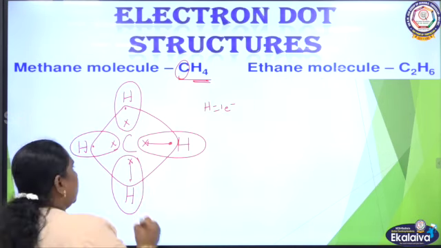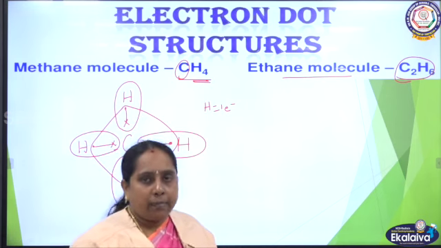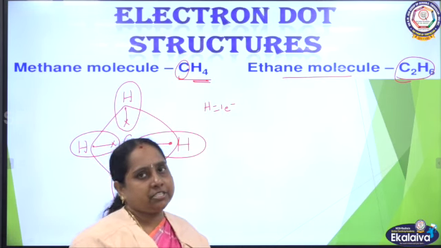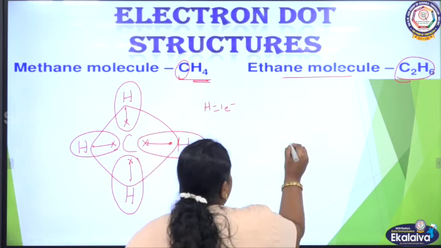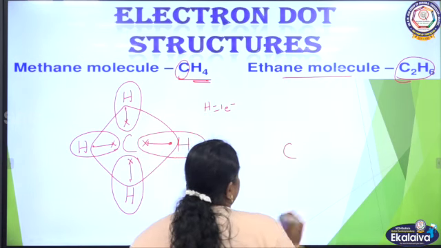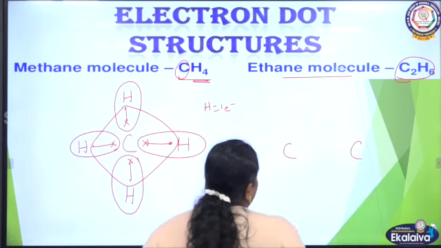If you check the next member, it is ethane. The formula is C2H6, which means the compound contains 2 carbon atoms and 6 hydrogen atoms. How will this compound be represented using the Lewis dot structure? Let us see that.